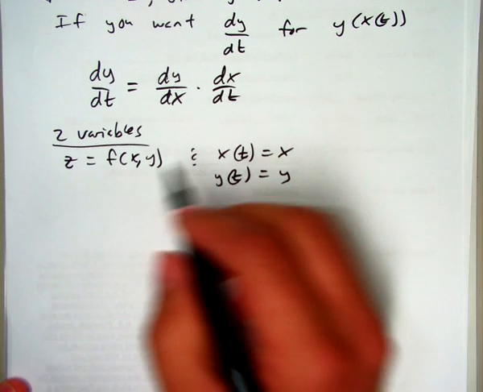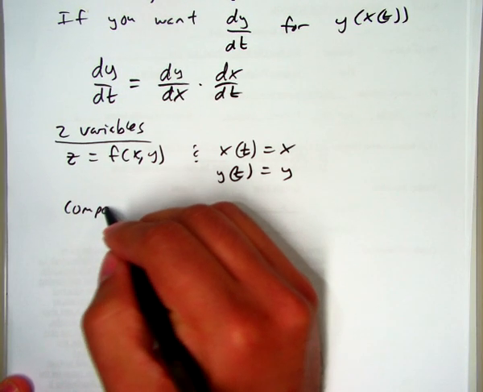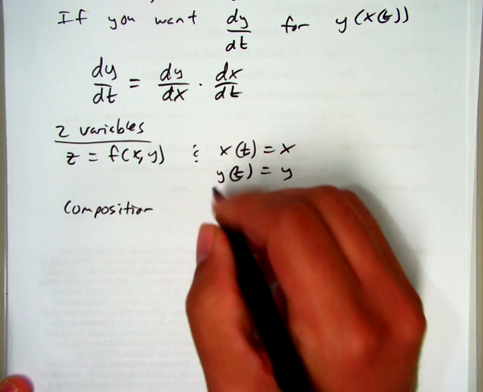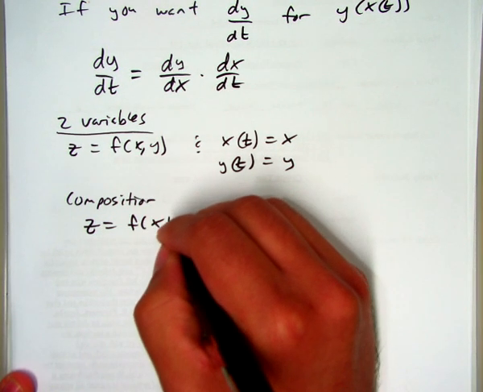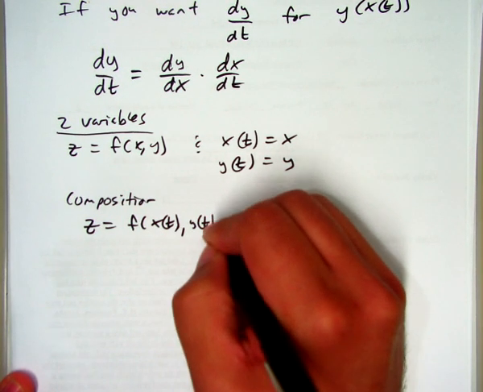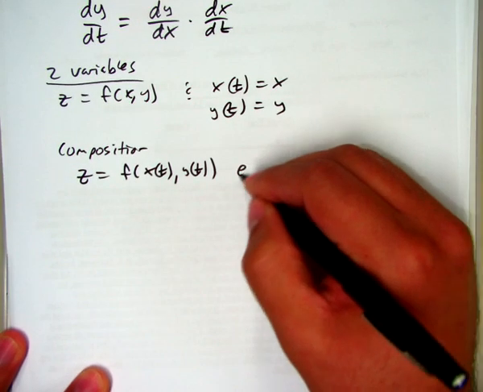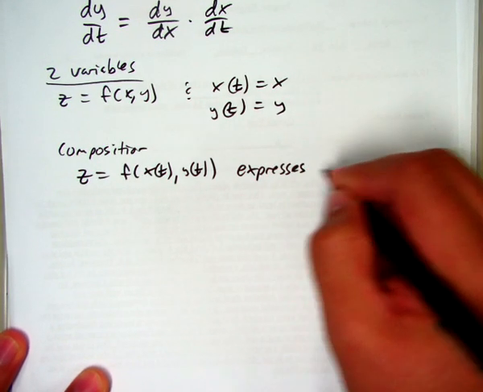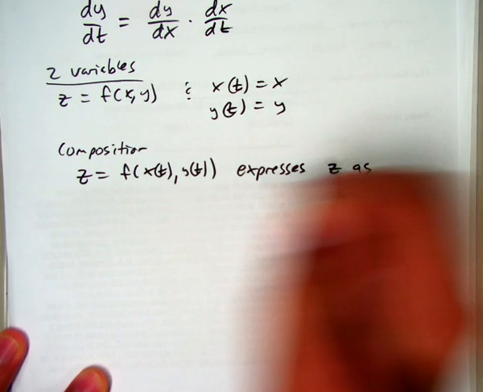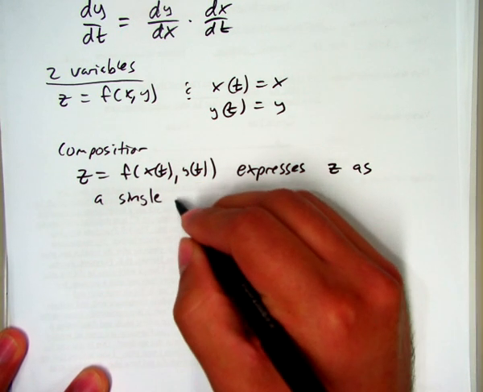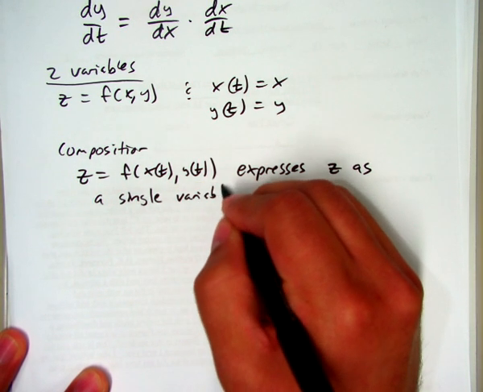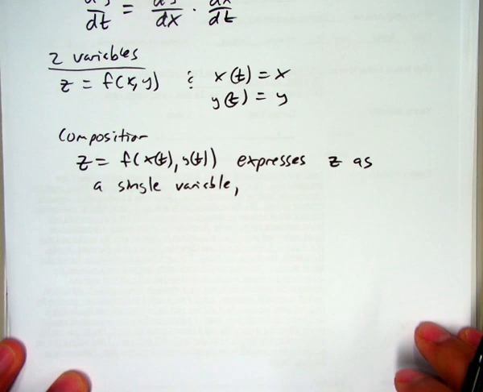The composition z equals f of not x but x of t, y of t expresses z as a single variable. In this case, what? In this case, just t.